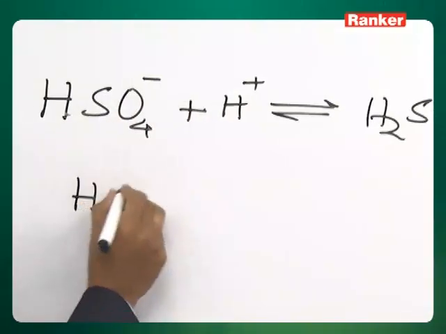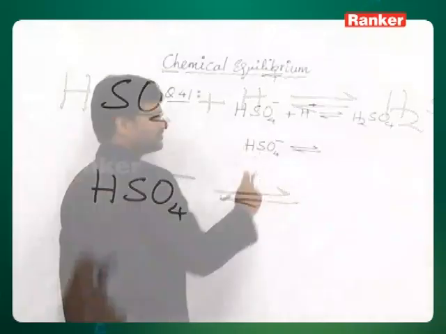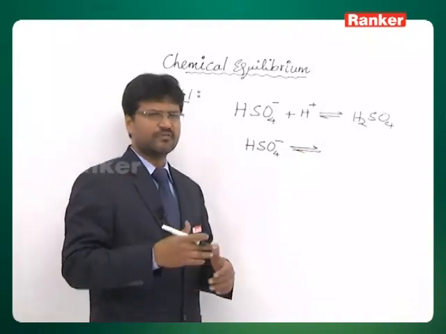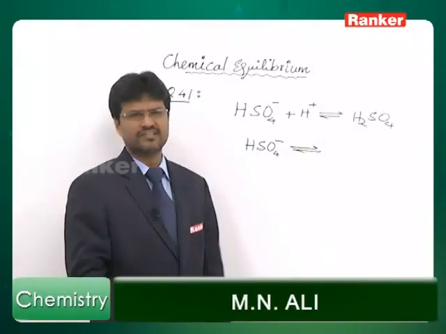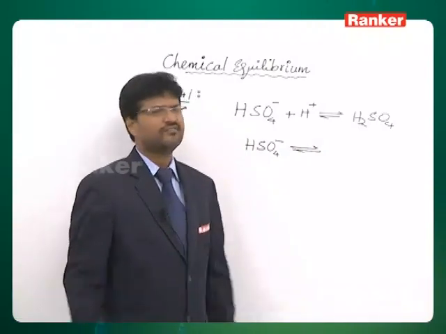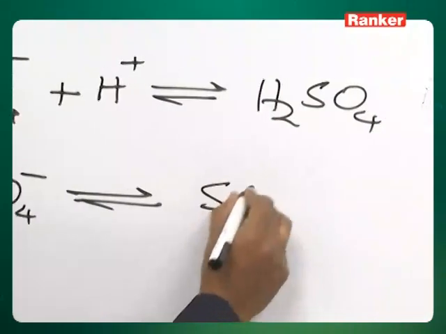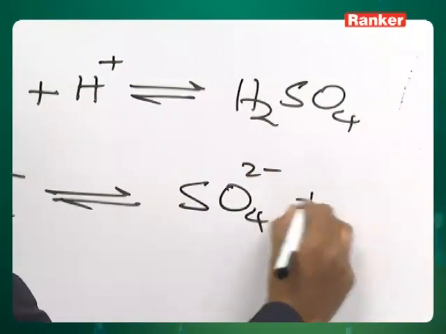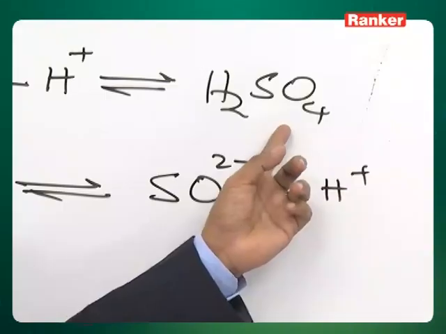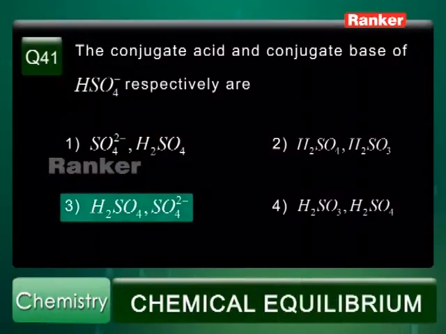And HSO4 minus is an amphiprotic species. It is capable of losing a proton as well as gaining a proton. When it loses a proton, it transforms into the conjugate base. When it gains a proton, it transforms into the conjugate acid. So this becomes SO4 2 minus plus H plus. So SO4 2 minus is the conjugate base. H2SO4 is the conjugate acid of HSO4 minus. So the correct answer is the third option.